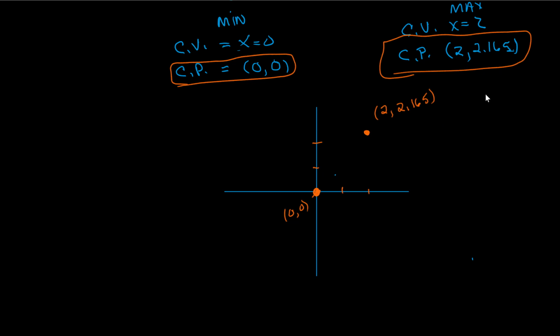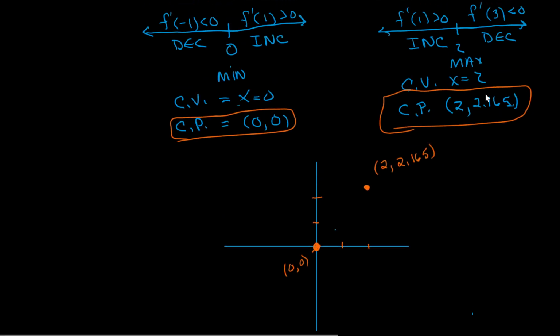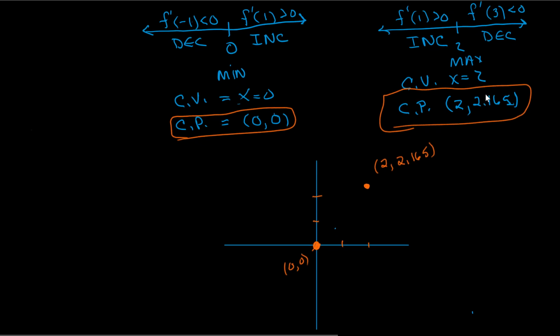Now, what we need to do next is take the information that's at the very top of the screen. To the left of 0, it's decreasing. On this interval between 0 and 2, it's increasing.